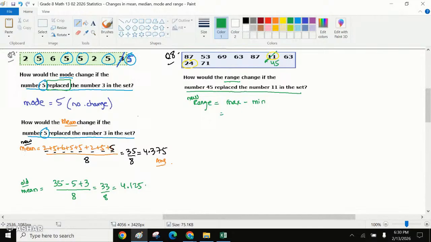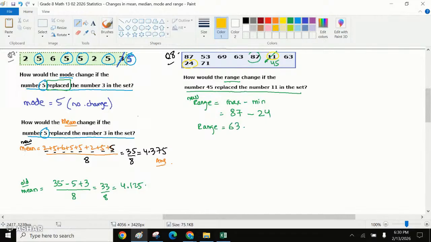What is the maximum number? That is 87, minus the new minimum, 24. So when we subtract 24 from 87, we have the new range, and the new range comes out to be 63.